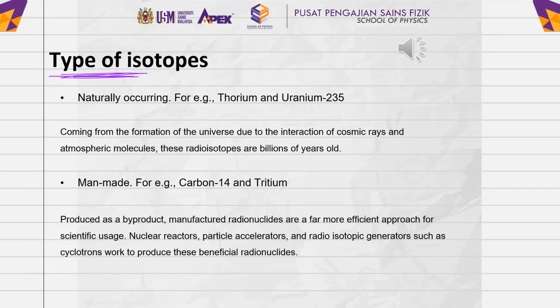A synthetic radioisotope is a radionuclide that is not formed in nature. No natural process or mechanism exists which produces it, or it is so unstable that it decays away in a very short period of time. Manufactured radionuclides are a far more efficient approach for scientific usage.